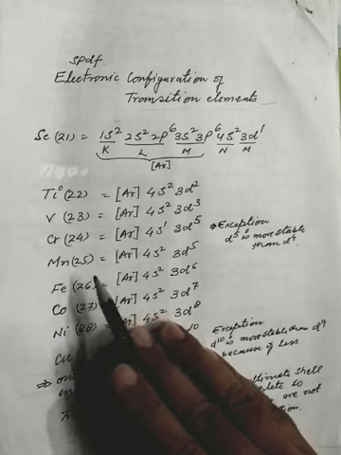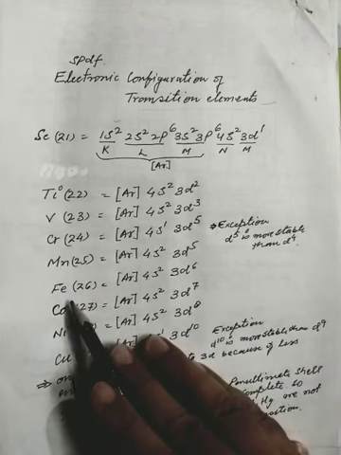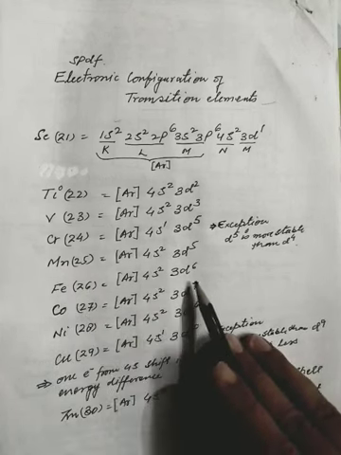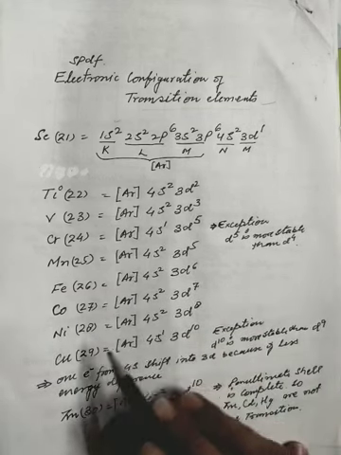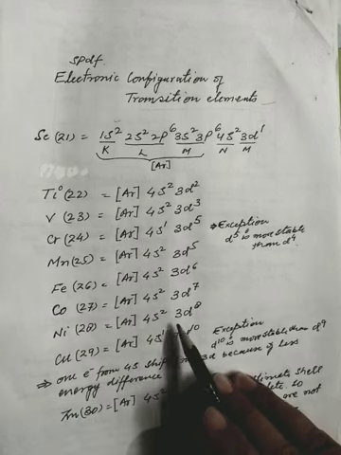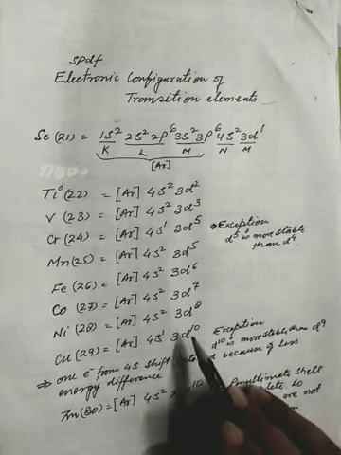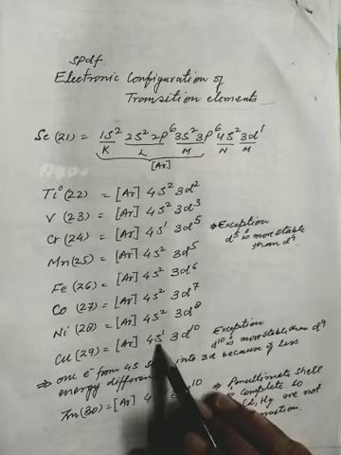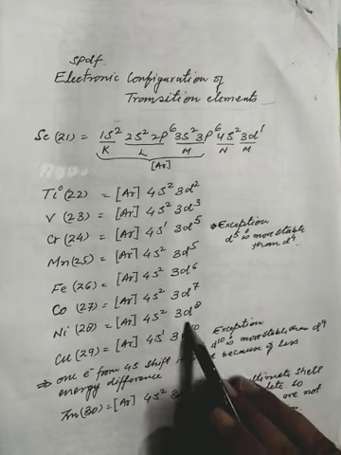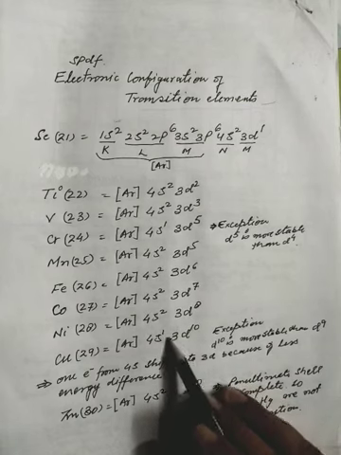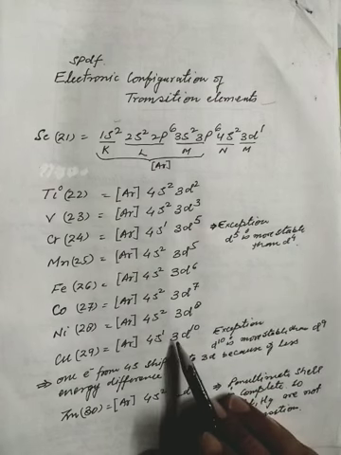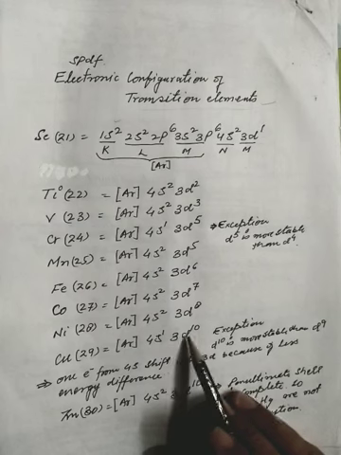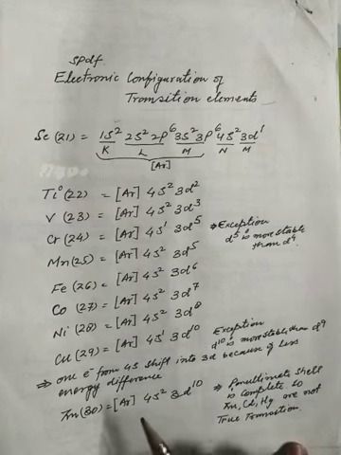Now Mn 25 is 4s2 3d5, Fe 26 is argon 4s2 3d6, cobalt 27 is argon 4s2 3d7, nickel 28 is argon 4s2 3d8. Copper is again an exceptional case: it should be 4s2 3d9, but it is 4s1 3d10 because one electron shifts from 4s to 3d to make a more stable, fully filled configuration, and the shifting is possible due to the small energy difference between the s and d subshells.